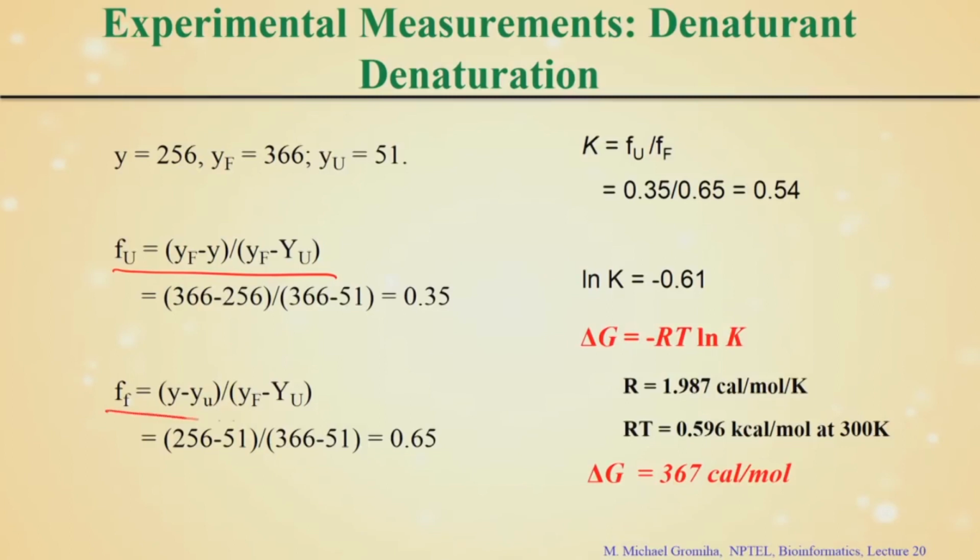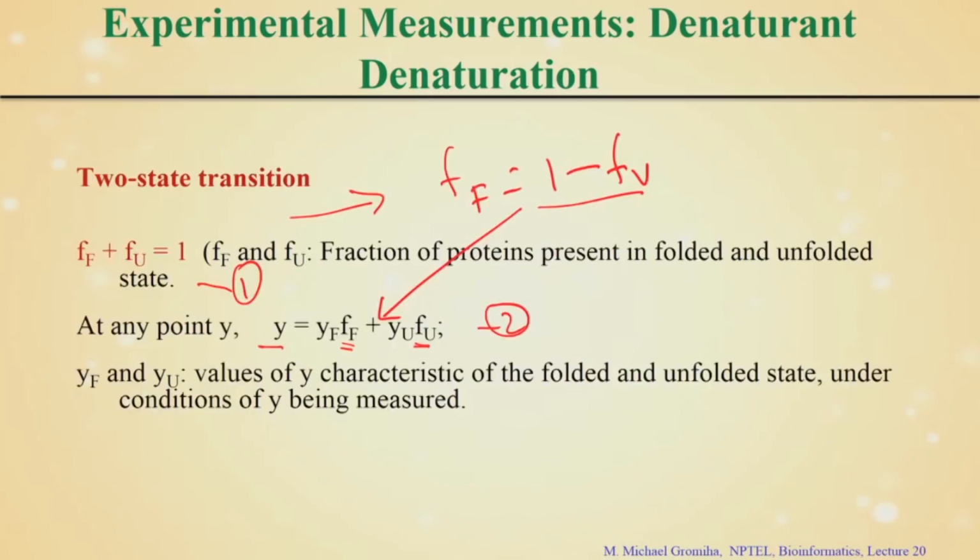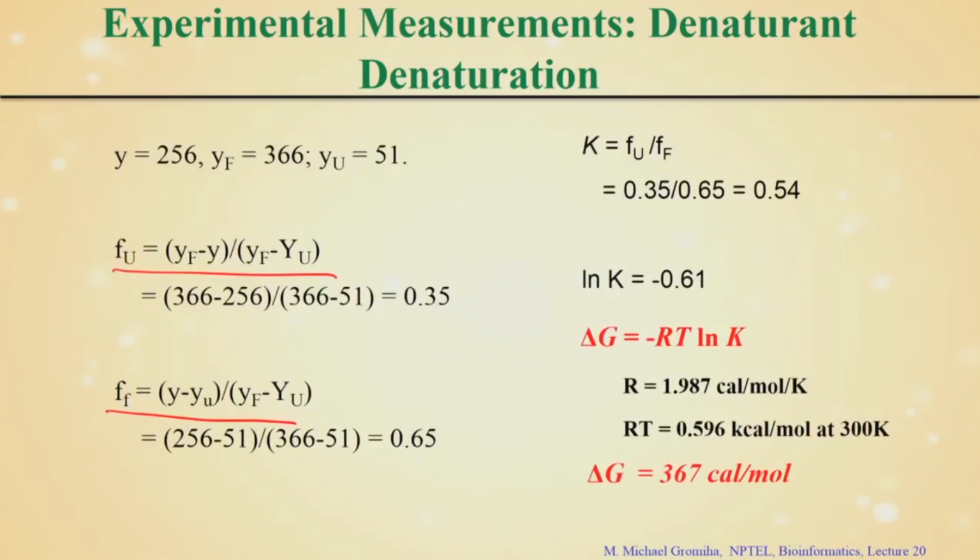Likewise, you can get ff as y minus yu divided by yf minus yu. So here this becomes y equal to yf into 1 minus fu plus yu into fu. Then you combine together and solve this equation, and you will get fu as this equation.